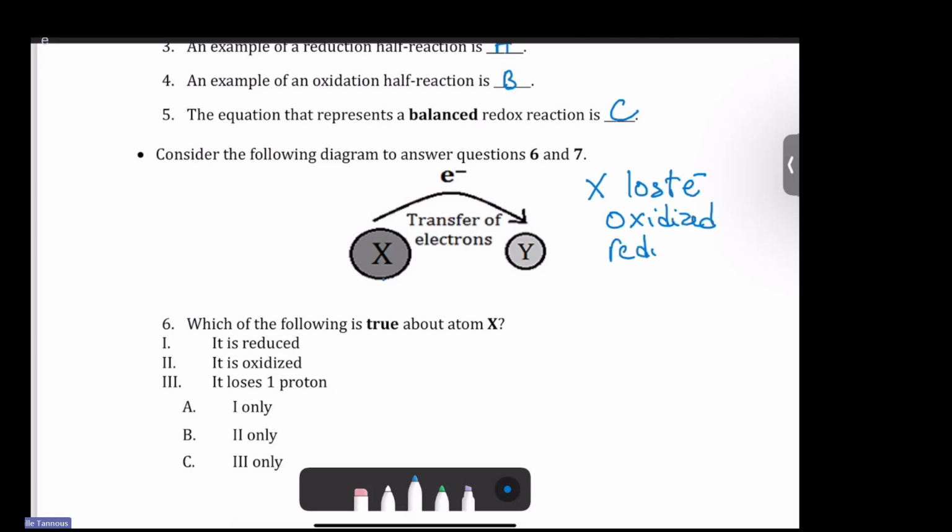X is a reducing agent. We are saying that X got oxidized, so the oxidation number of X will increase because that's the rule. Once a substance undergoes an oxidation, the oxidation number will increase.